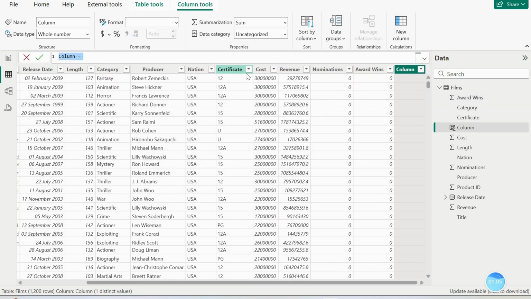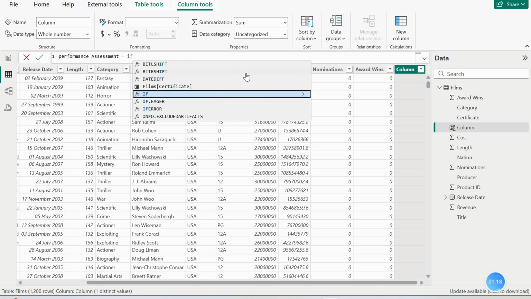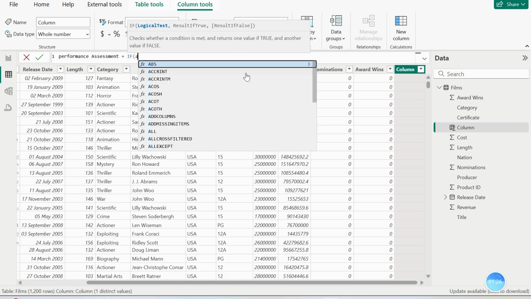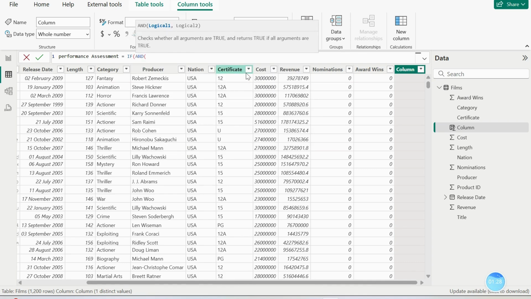We call it performance assessment. Still from IF, because we have to use the two functions together as the indicators, then we need the AND function. We need both.